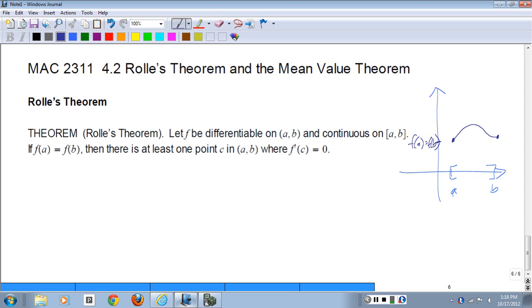Then there's at least one point c in the open interval AB where f prime of c equals 0. Maybe a bunch of them, but at least one where f prime of c equals 0. And we're thinking horizontal tangent line here. Visualizing it, there's got to be a point where the tangent line goes horizontal, somewhere between A and B. That can't be avoided. That's what the theorem says.